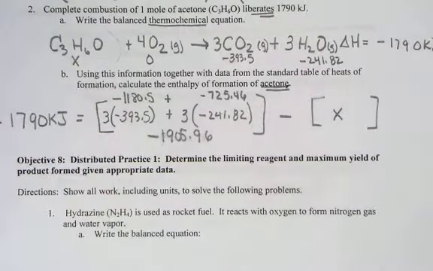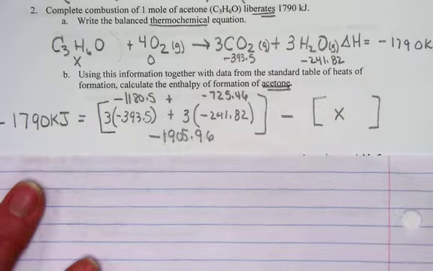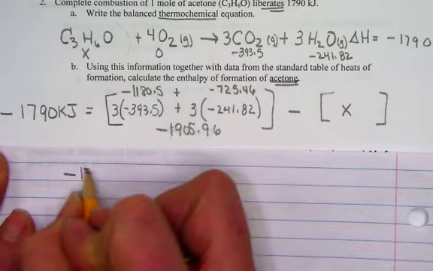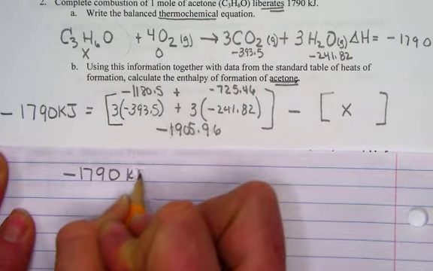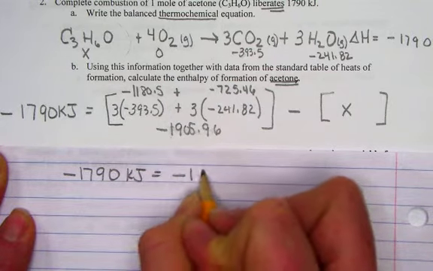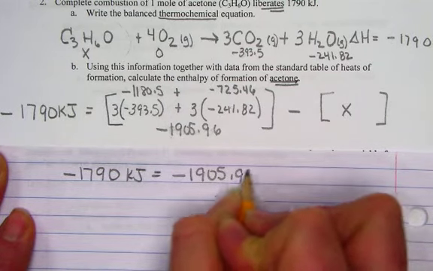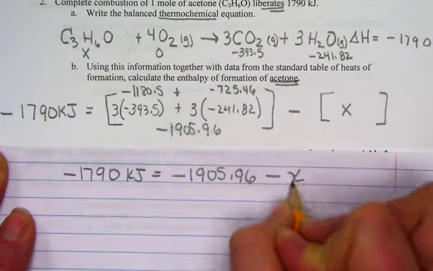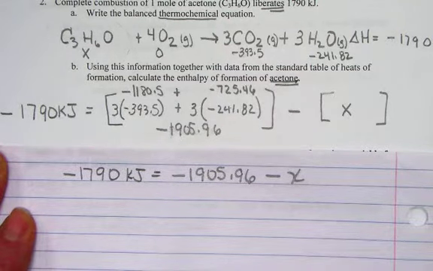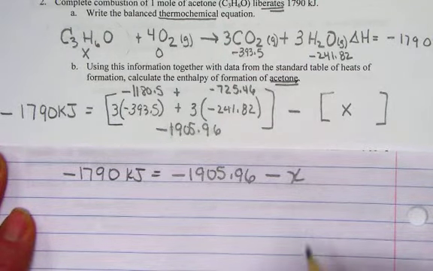Now, here's what we know. Negative 1790 kJs equal negative 1905.96 minus x. We want to solve for x, simplifying.